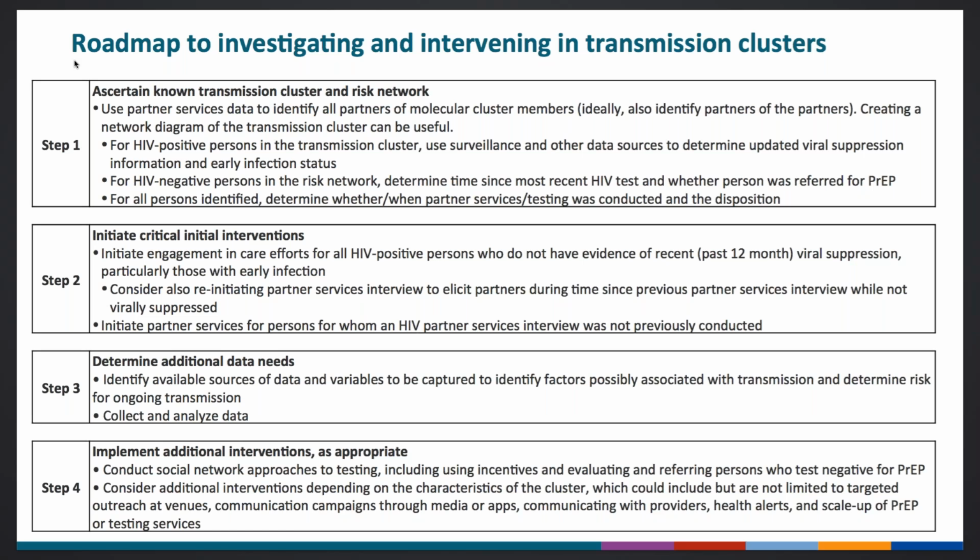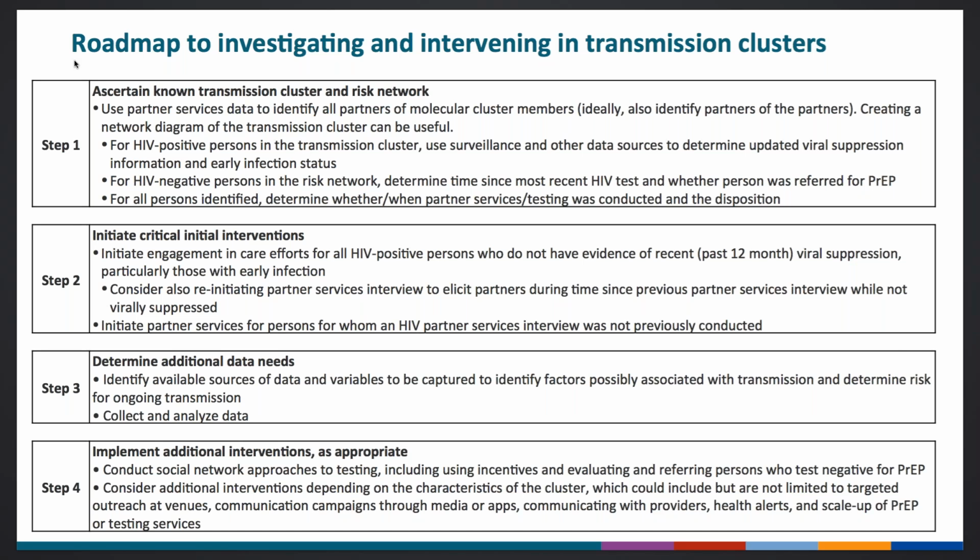And then step 2 is to initiate critical initial interventions. So for example, this might mean reinitiating partner services for people who never received partner services, engagement and care efforts for any HIV positive persons who don't have evidence of viral suppression.